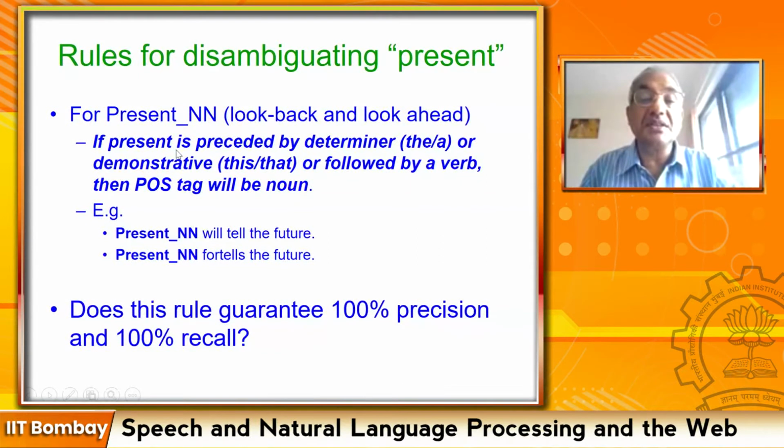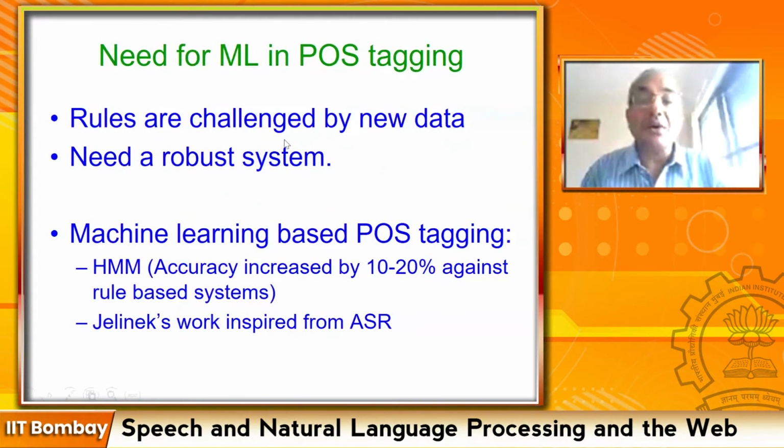The next question is, this rule is given. Does it have 100% precision and recall? Okay, come up with an exception to show that it doesn't have 100% precision and recall. So rules are always challenged by new data. Therefore, we need a robust system.